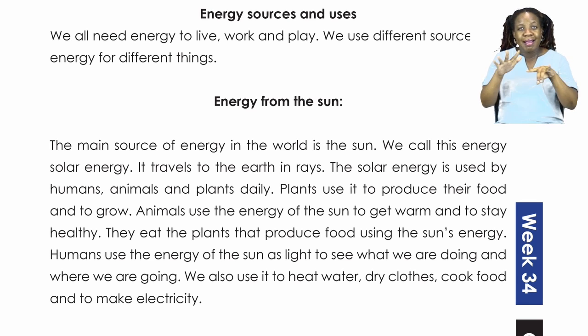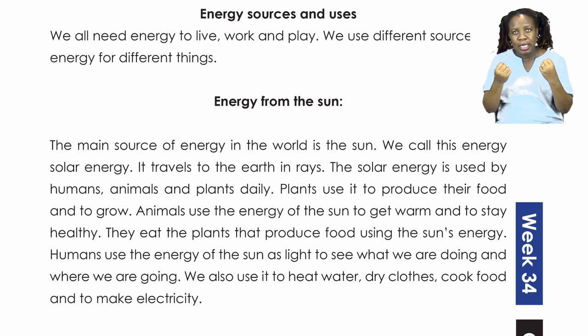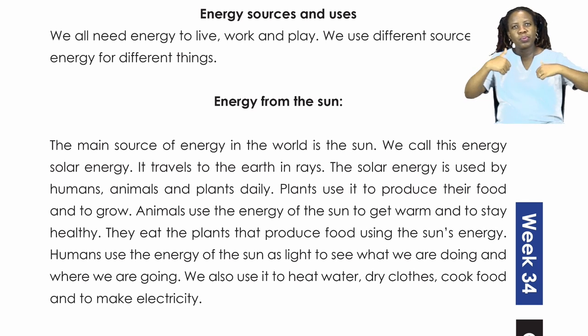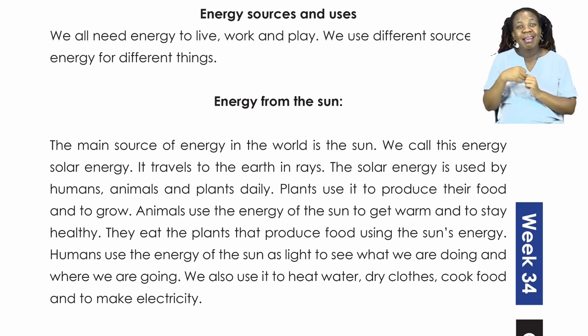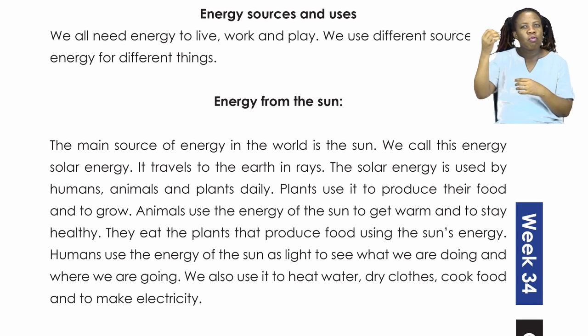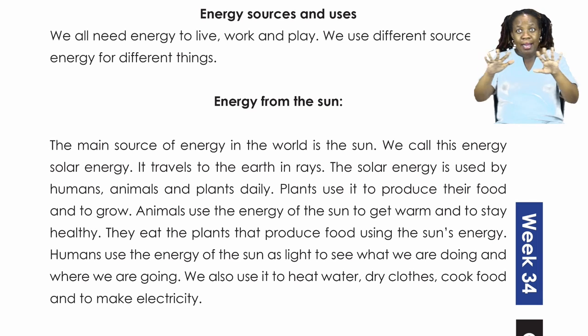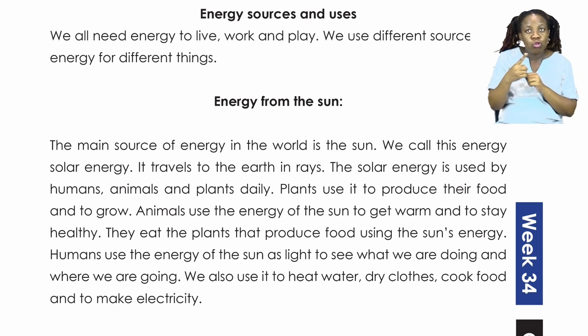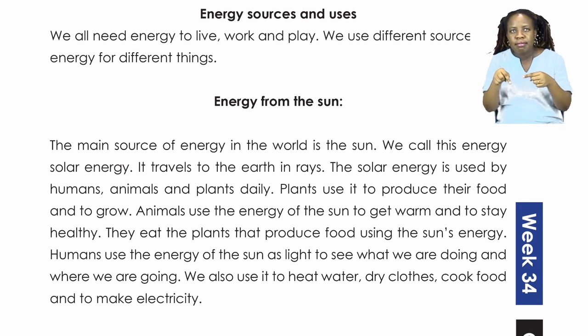They eat the plants that produce food using the sun's energy. Humans use the energy of the sun as light to see what we are doing and where we are going. We also use it to heat water, dry clothes, cook food, and to make electricity.